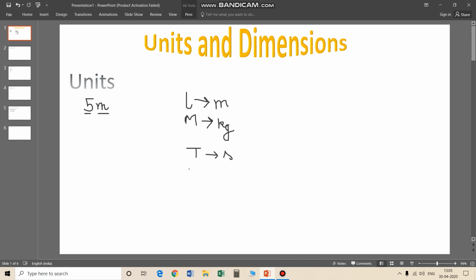For electric current I, it is ampere, A. For thermodynamic temperature, that is temperature basically, temperature is capital T, this is small t. Time is small t. And this is Kelvin. Amount of substance, it's mole.